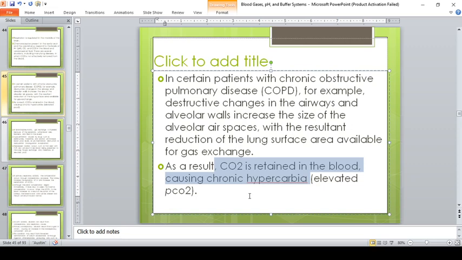That will lead to acidosis. Since this is a problem of the lungs, that is respiratory acidosis. And that may lead to chronic hypercarbia because of the high level of dissolved carbon dioxide. Kasi nga, hindi siya well eliminated.